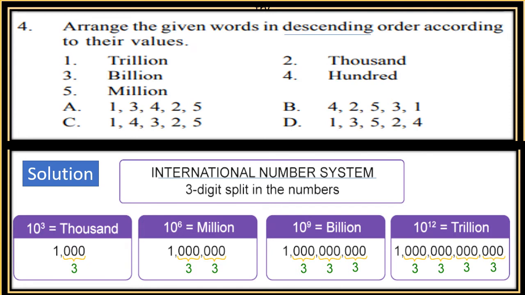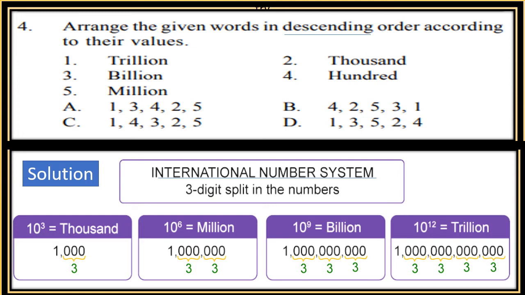Arrange the given words in descending order according to their values. Now you have to arrange trillion, billion, million, thousand and hundred in descending order. Now see the International Number System chart. We know that for 100 we have 2 zeros, so it is 10 to the power 2. Now 1000 is 10 to the power 3 because it has 3 zeros.